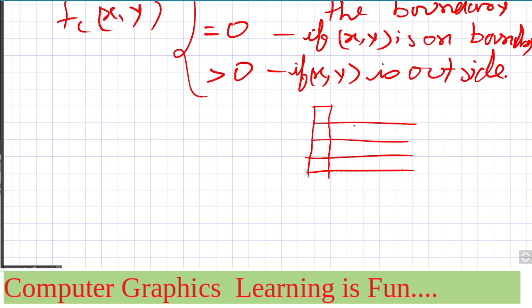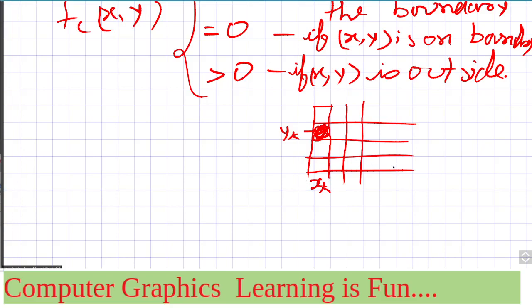Let us use these squares here. Suppose you have just plotted a pixel (xk, yk), right? This was your xk and this was your yk.